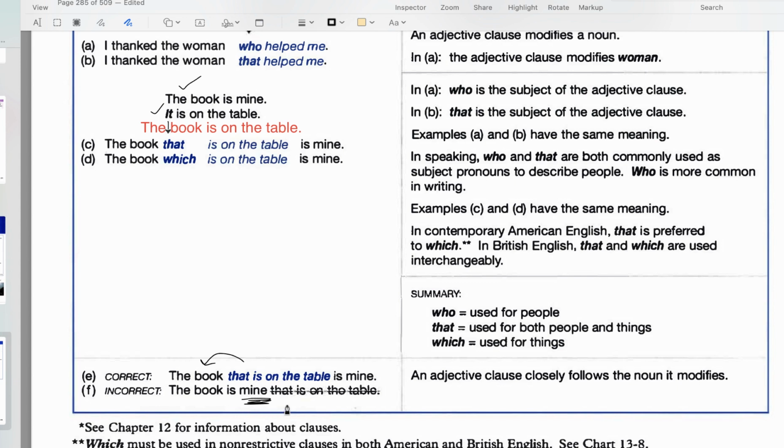It's the book that's on the table. So we need that is on the table next to the book. So as you write your adjective clauses, remember, put them right next to the noun. They go right after it. And adjective clauses don't come first. For example, we wouldn't say that is on the table, the book is mine. So our adjective clause follows nouns.